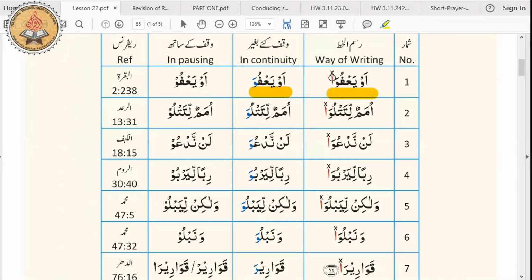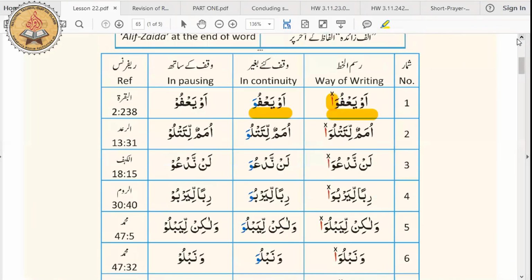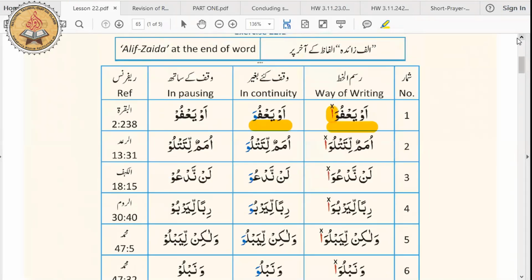But do you know what we call this alif having a cross over it? Yeah, in the text of the Holy Quran it also contains a cross and sometimes sukoon. So it is called alif zaida or excessive alif. We don't include it in our recitation. So we read it like aw ya'fuwa.